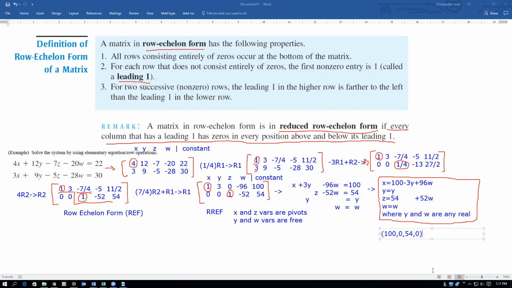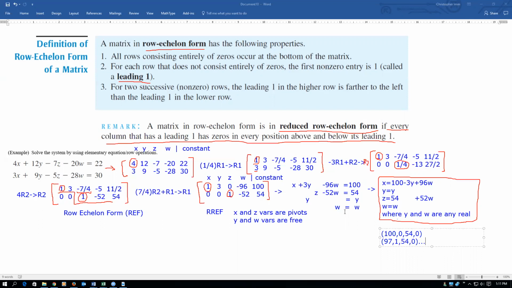So that would satisfy my solution. Another solution might be if I chose 1 for y and 0 for w, I would have 100 minus 3, I would have 1 for y, I would have 54 because w is 0. This would be another solution. I don't have to choose integers. I can choose any real number. It goes on and on and on.